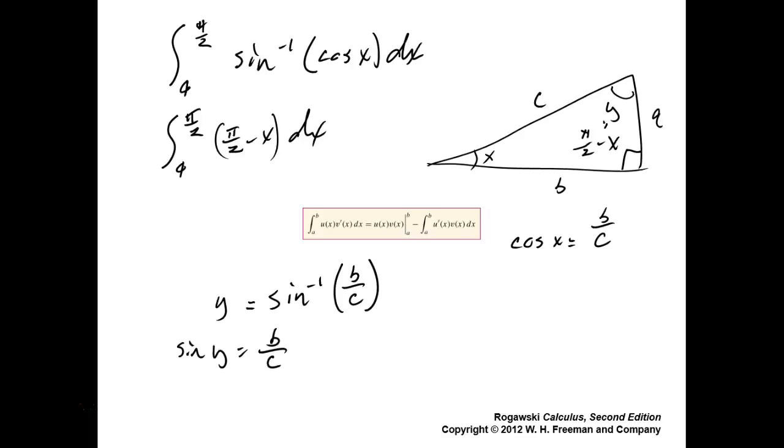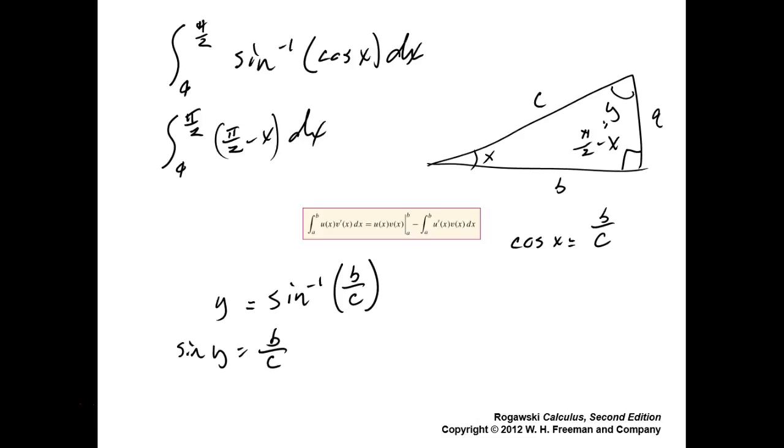The antiderivative of pi halves, which is just a number, would be pi halves times x, minus the antiderivative of x, which is x squared over 2, and then plug in those limits. Pi halves is just a number, so it's that number times x.